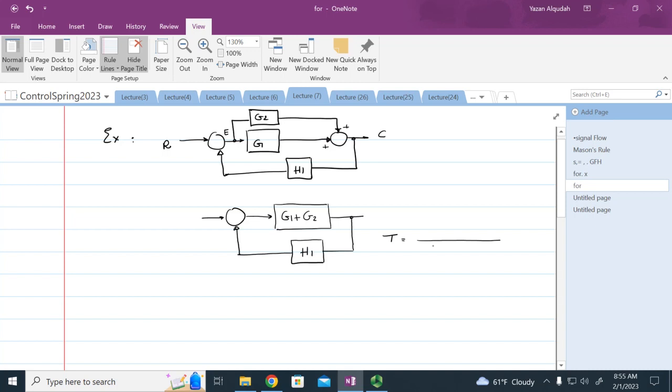G1 plus G2 over 1 plus G1 plus G2 times H1. Very good. Excellent. G1 plus G2 over 1 plus H1 multiplied by G1 plus G2.